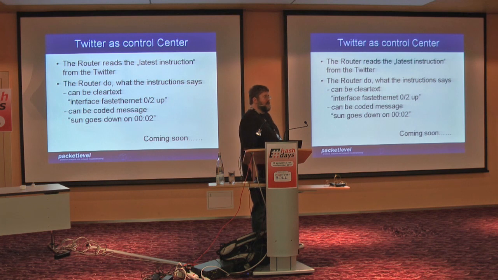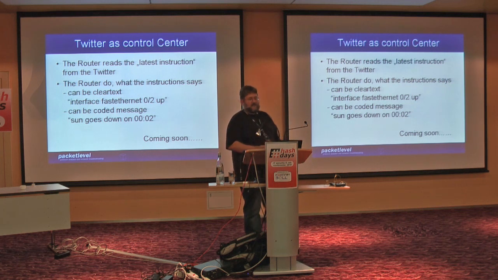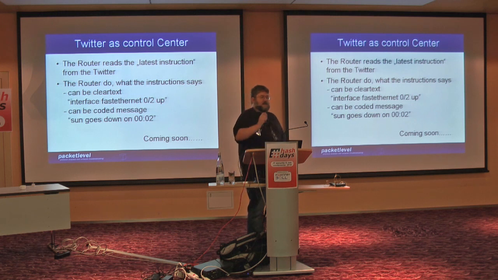But also, you can use Twitter backwards. If you tweet some information, the router goes and reads this information and acts on it. If you write on Twitter, FastEthernet 0/2 down or up, the router reads this information and says, okay, yes, interface down, interface 2 I must take down, and does it.